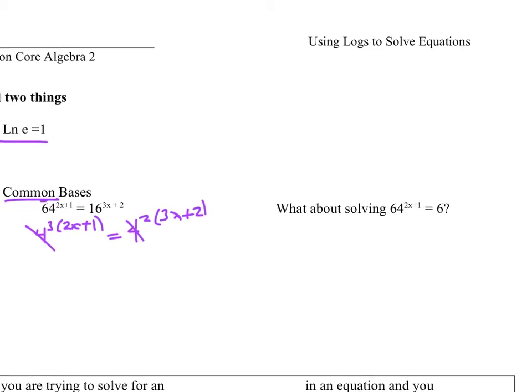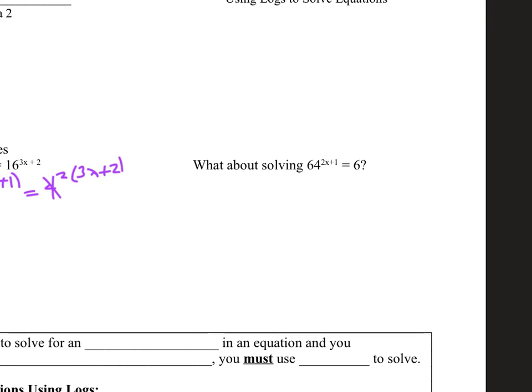That's great and all, but what happens if you have 64 and 6? These do not have bases that we could legitimately find without using logarithms anyway.